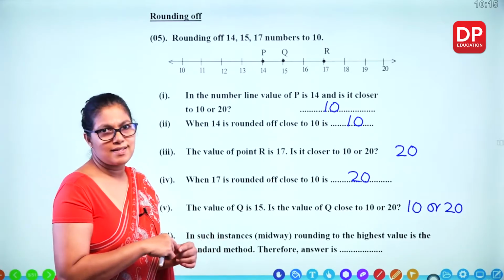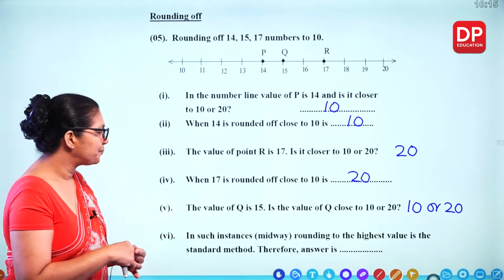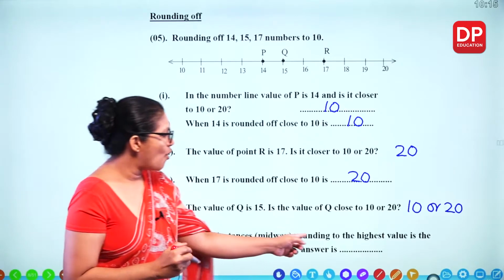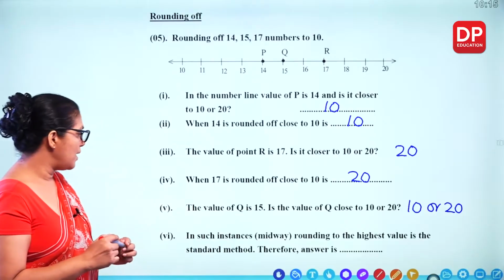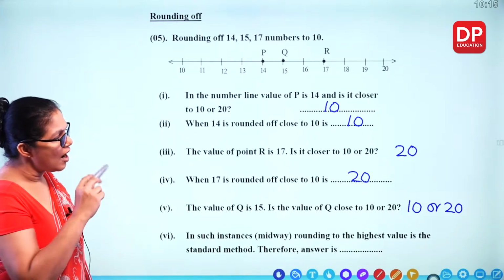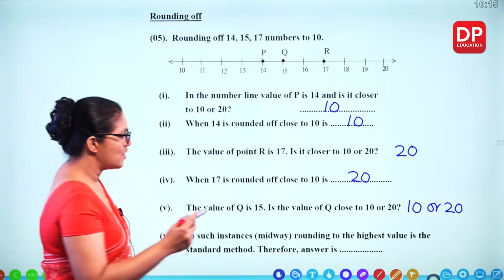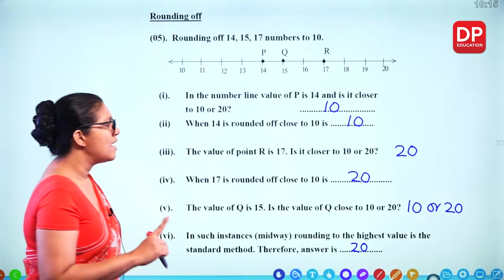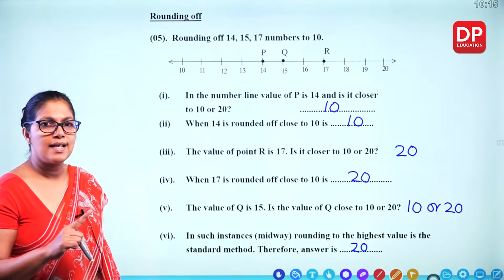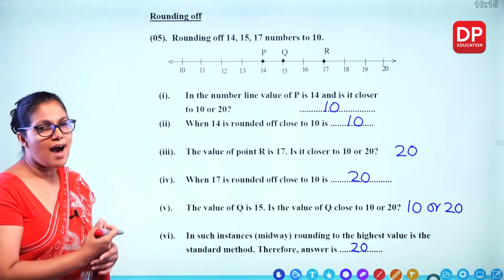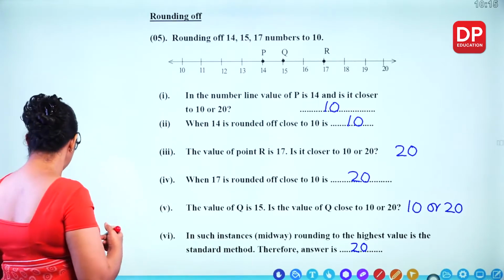In such instances, if it's midway of two numbers, rounding to the highest value is the standard method. So what's the highest value out of 10 and 20? So we take 20. So when you are rounding to the nearest tens, when it's exactly halfway, you take the highest value.